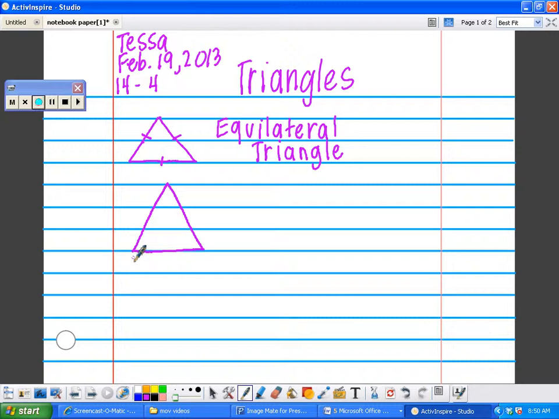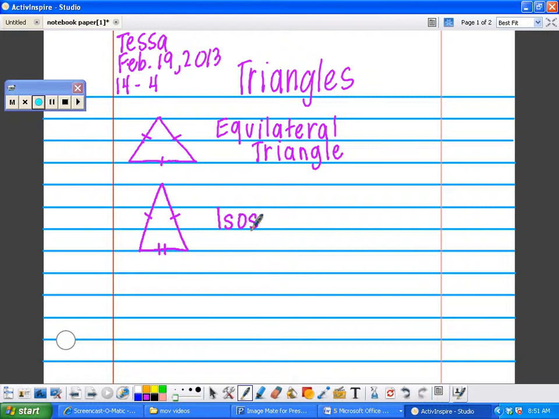Mine is almost equal, so I'm going to try to make mine a little bit more noticeable. There we go. These 2 sides are equal, so let's put 1 tick mark on those. And what about that bottom one? It's not equal. It's a different length. So we're going to put 2, because that means these 2 are the same and this one's different. This is called an isosceles triangle.